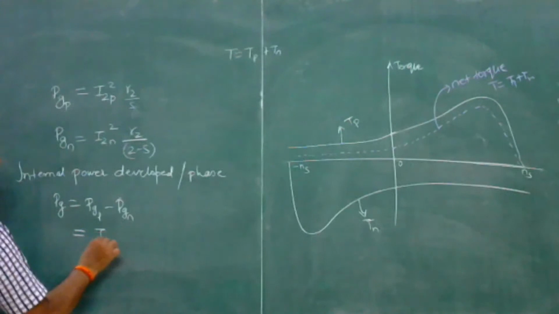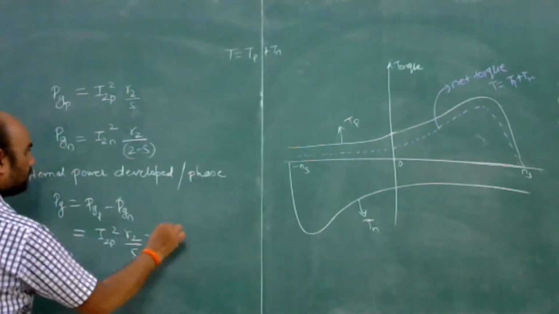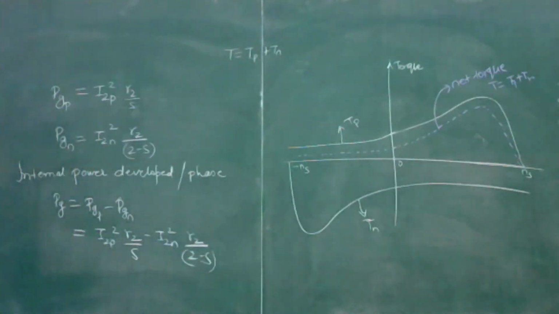So this will be equal to I2P square R2 by S minus I2N square R2 by 2 minus S. Okay, so this will be total power developed per phase.